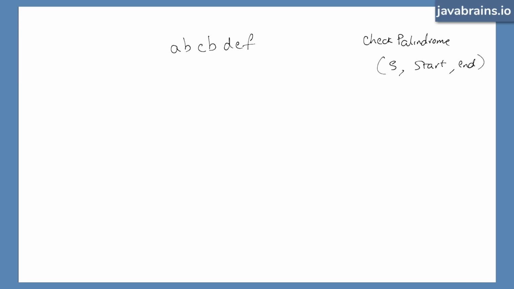You're going to have to do i equals 0 to length, j equals 0 to length. Maybe you can optimize the starting point of j here a little bit, but the fact remains that you're going to have to do all these loops, and for each loop you need to call check palindrome of the string, i, j. All right, this is necessary.